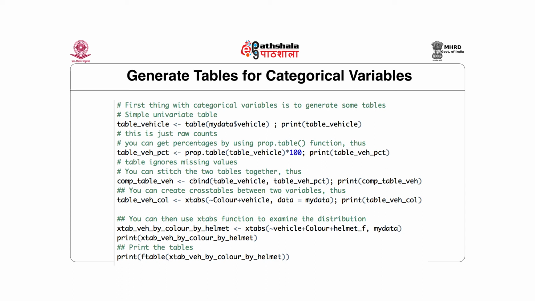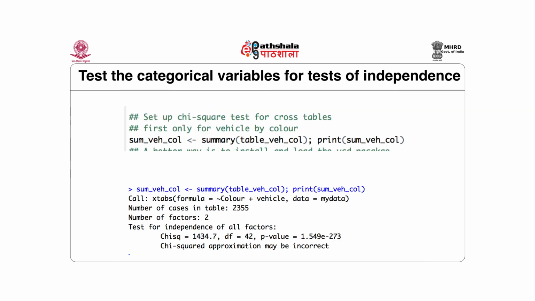What is also very important is that you can actually do a number of different things. One is, of course, you can do some tests of independence, and the way to do that is you can use a summary function.